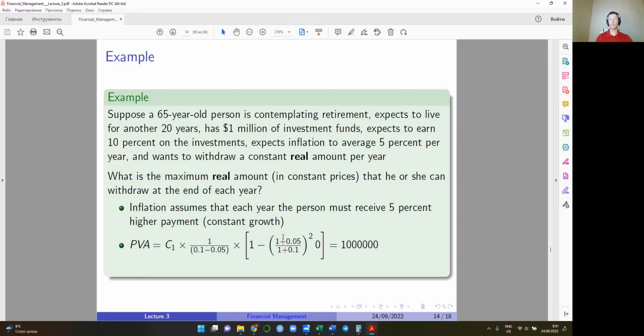And then we express C1 from here. And so from here, C1 is going to be 78,630, which is going to be the size of your payment in constant prices. Again, you take the formula, you plug in everything you have, and you express the unknown variable from it.